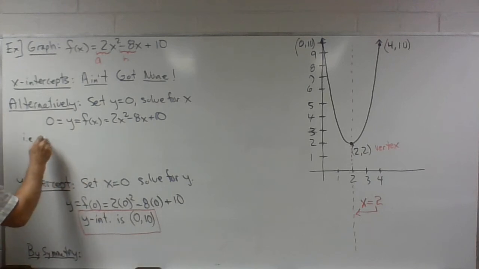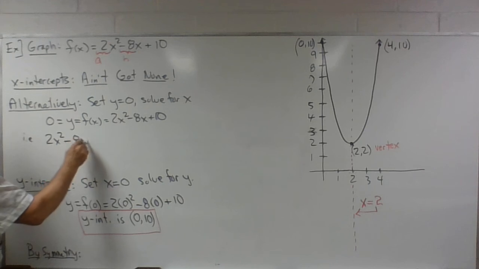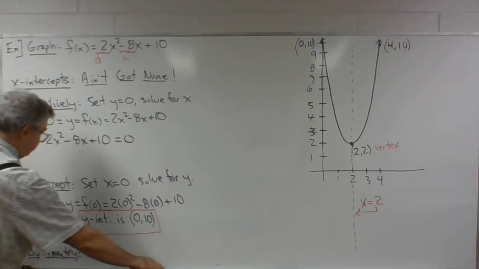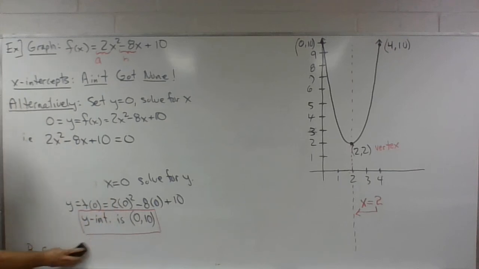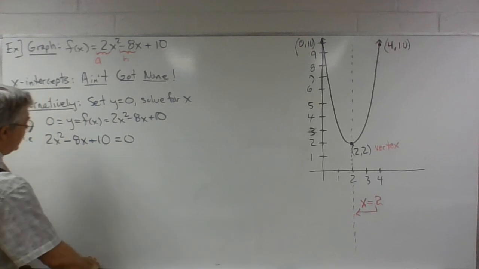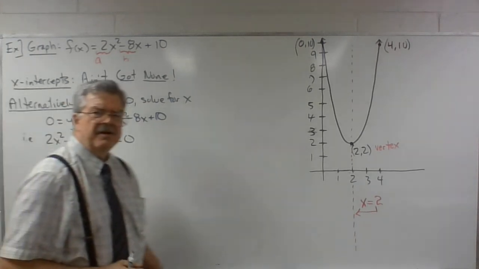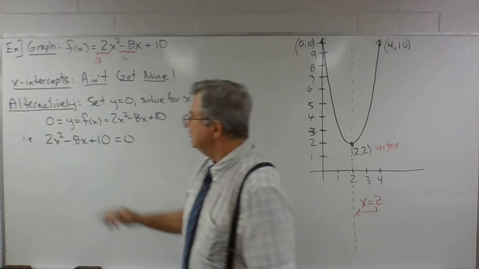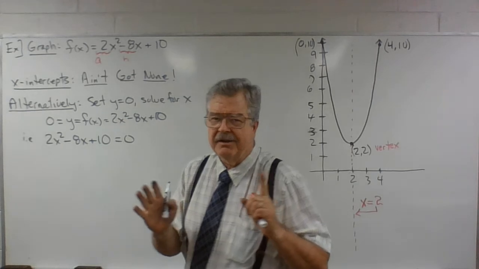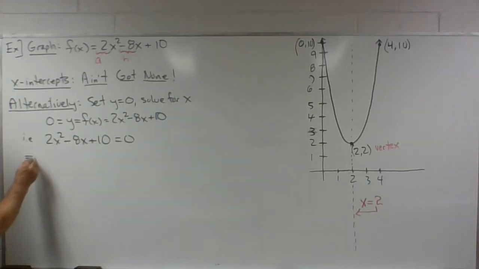And I'm going to write it this way: 2x squared minus 8x plus 10 equals 0. I can work with numbers like this, but I'd rather not work with large numbers, and I can see all of these are even numbers. I can divide both sides by 2 and make things a little bit simpler, so I'll do that.